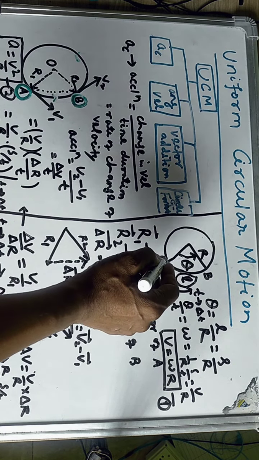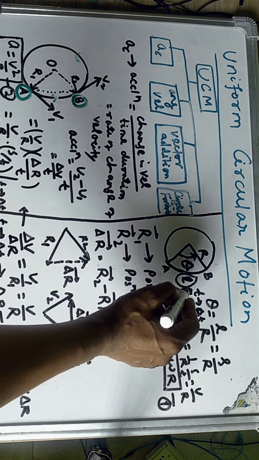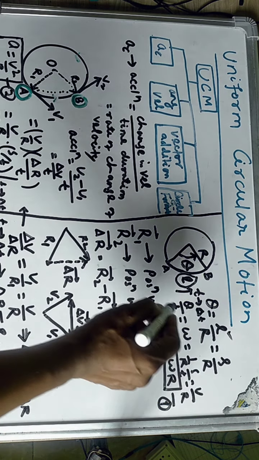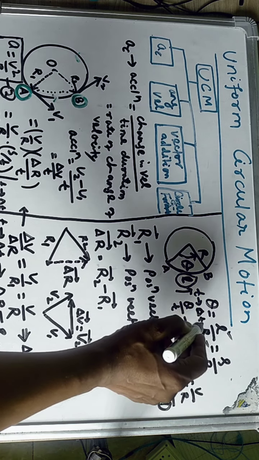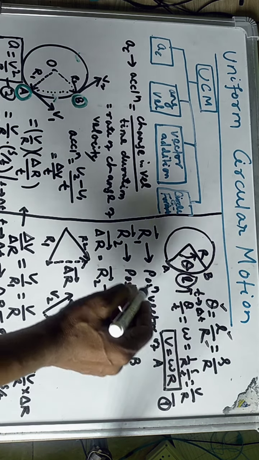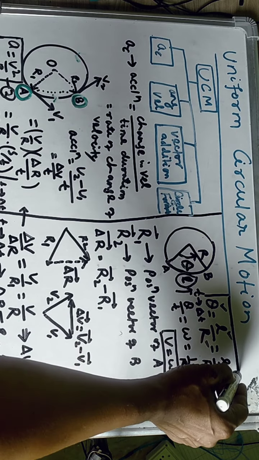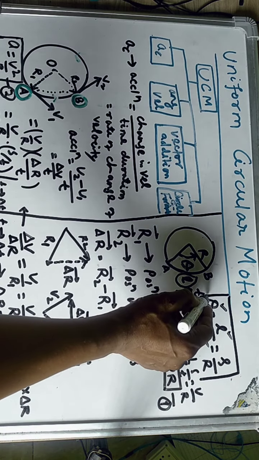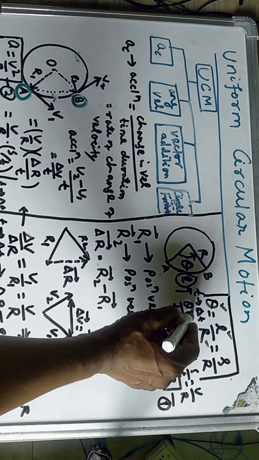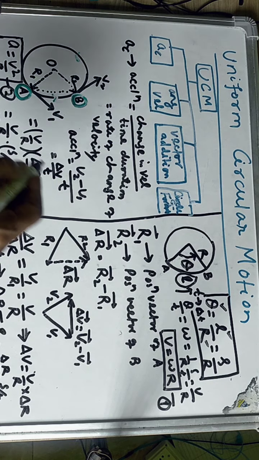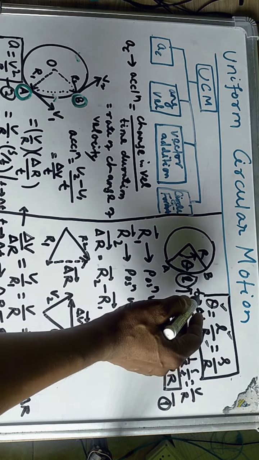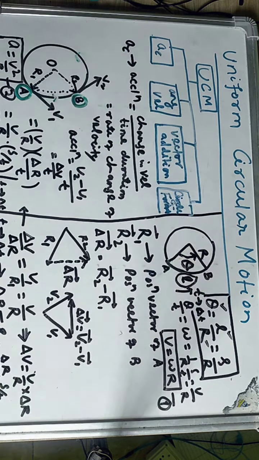That means for arc L and radius R, it makes an angle theta, and the geometry relation of a circle is theta is equal to L by R. This we need to remember: theta is equal to L by R.